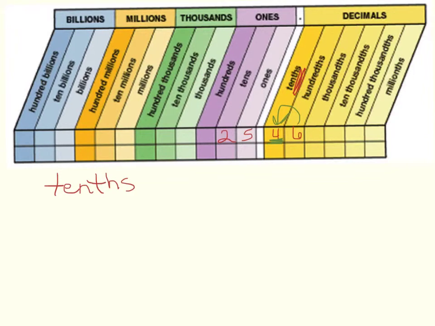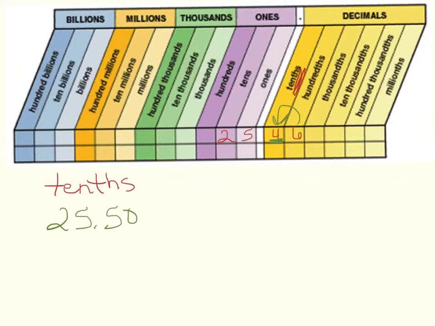The 6 meets the 5 or more criteria, so our 4 is going to soar. So to round this number to the nearest tenths, that 4 will soar because this is 5 or more. Our number is going to be 25 and 50 hundredths, or 5 tenths, either way you want to call it.